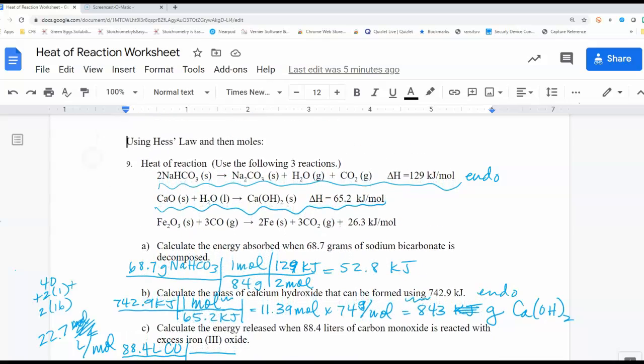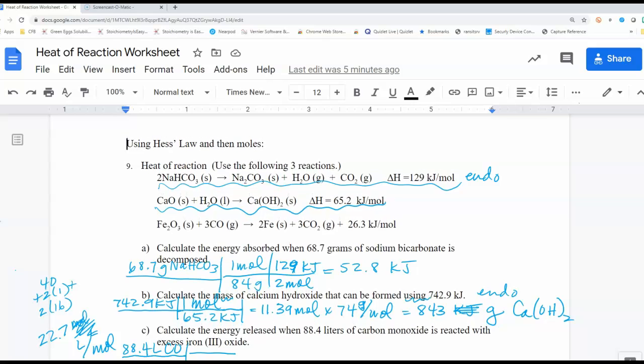We're running out of space here, so let me try to squeeze it down here at the bottom. So I'm going to have 22.7 liters for every 1 mole of gas.